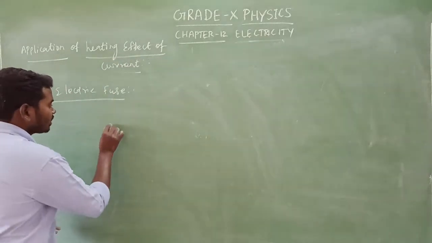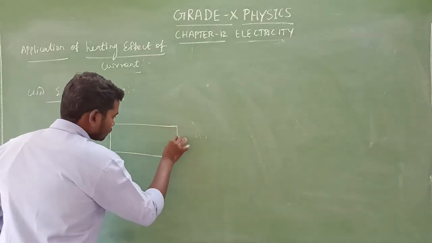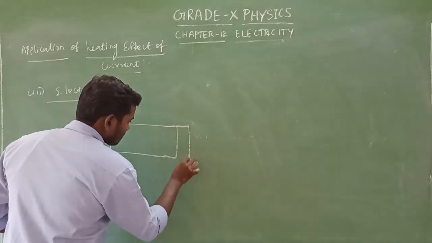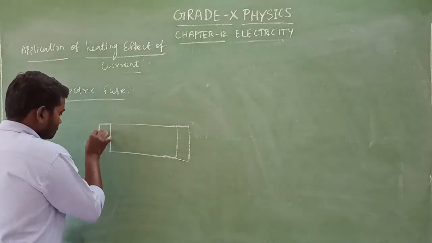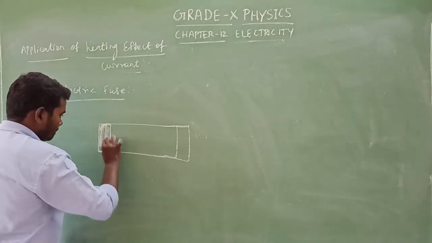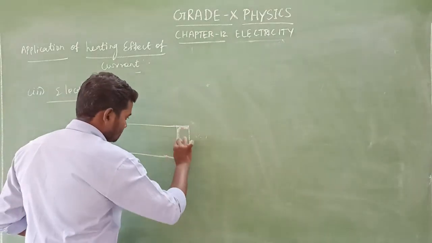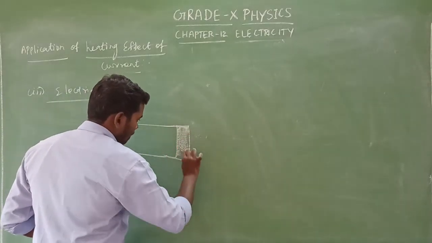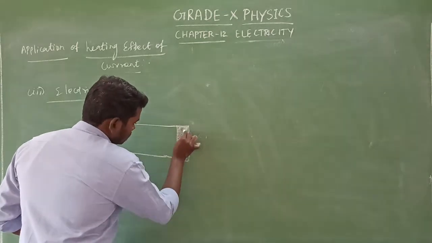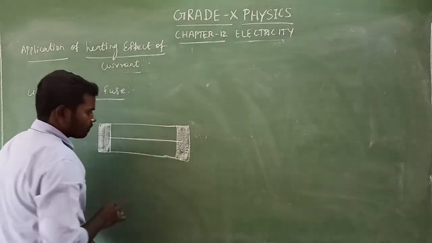Look here, I'll draw the electric fuse diagram. Two sides will be coated like that. Inside there will be a very thin wire, a thin conductor.